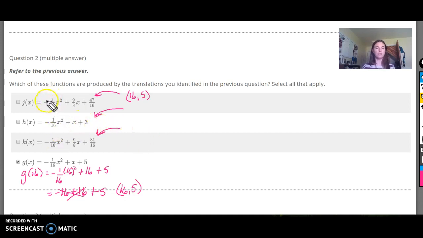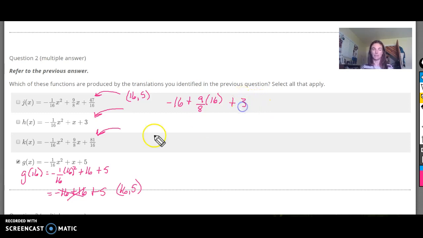All of these negative 1/16 x squareds are going to simplify to negative 16. For this first one, I'll have negative 16 plus 9 over 8 times 16 plus 47 over 16. 48 over 16 is 3, so 47 over 16 is about 3.